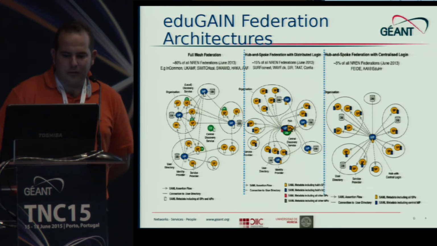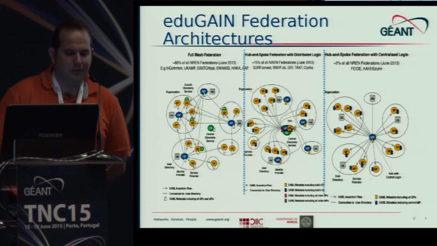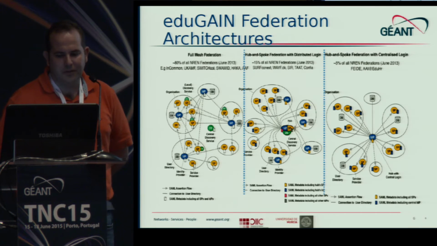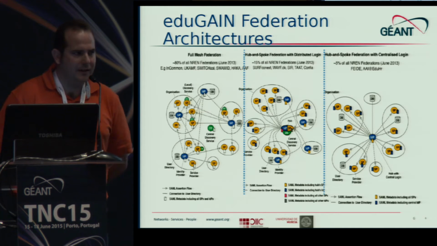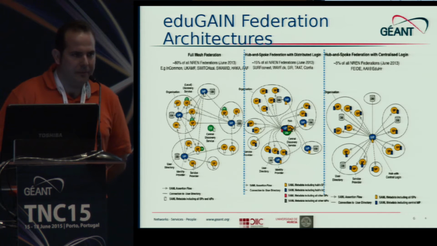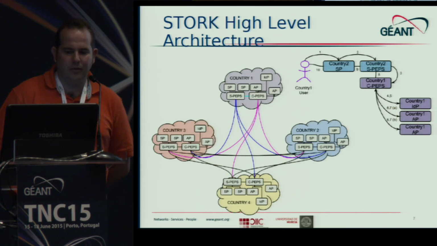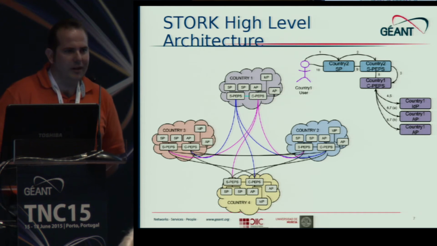With data from 2013, 80% were full mesh, 15% were hub and spoke, and you have another option, which is 5%, a decentralized one, where you have only one IDP, which is more similar to STORK than the other ones. I'll go slower with STORK because I think it's less known by the audience.